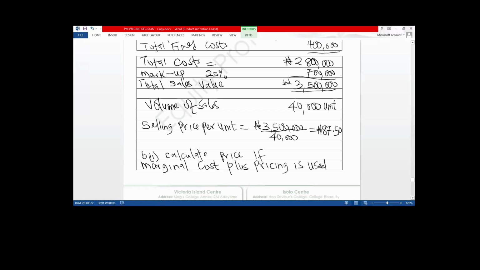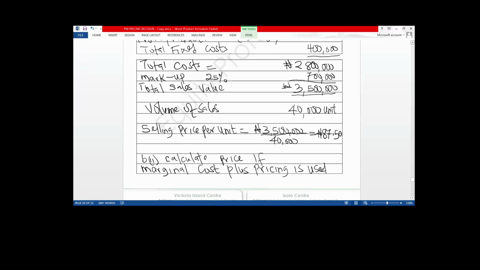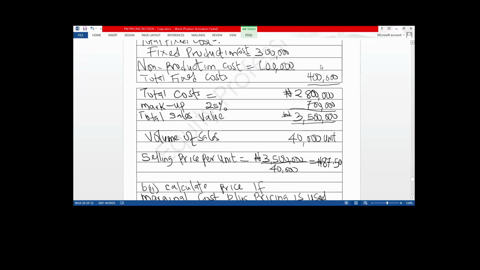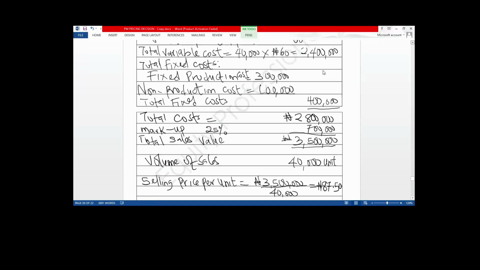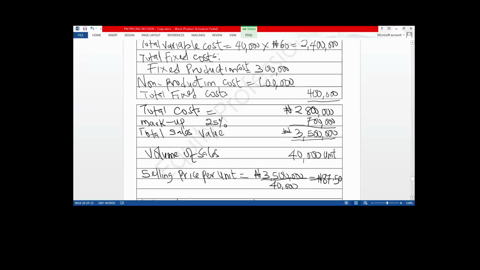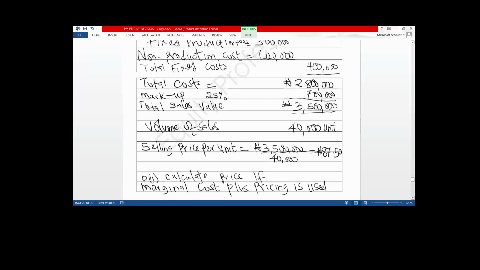You can see that this question is actually simple. I'll just come here. I will pick my total variable cost. Total variable cost is 2.4 million. That's all. Then I will now add a percentage markup. Pick only your variable cost here now.